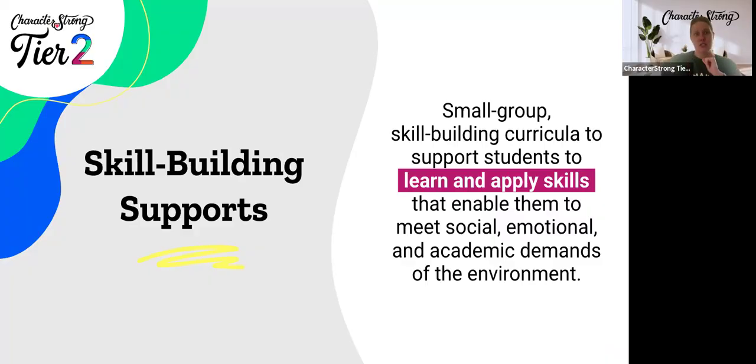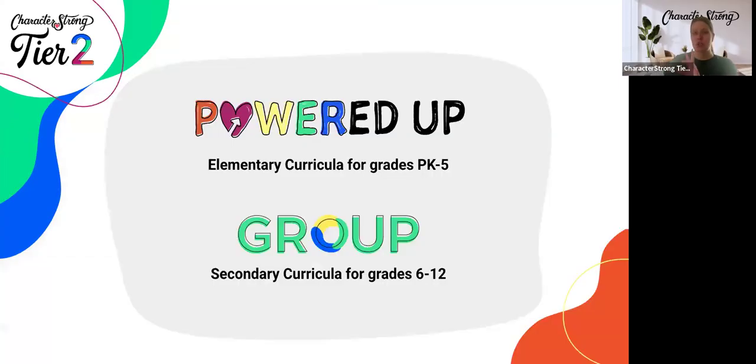Our skill building supports are small group curricula designed to help students gain knowledge and also learn skills and apply the skills they are learning to be able to meet those expectations and demands. There are 2 different groups of skill supports.